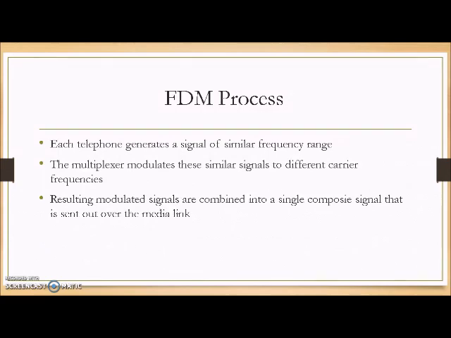FDM process. Each telephone generates a signal of a similar frequency range. The multiplexer modulates these similar signals to different carrier frequencies. The resulting modulated signals are combined into a single composite signal that is sent out over the main link.